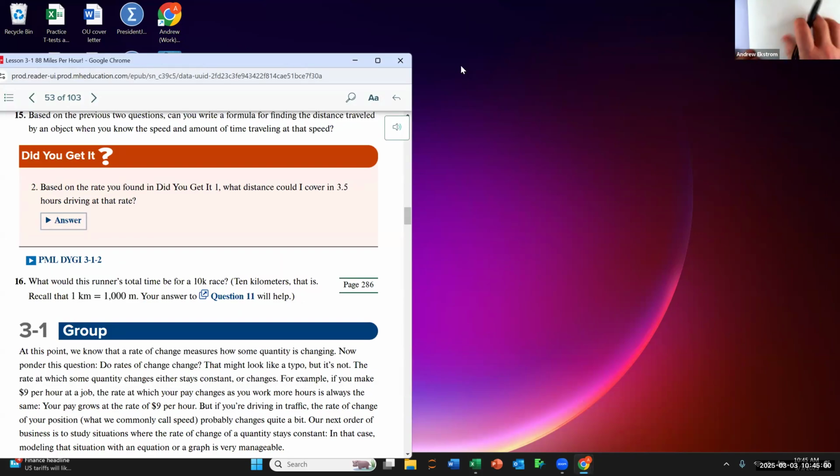So again, without trying to be too tricky or anything like that, we know they do 400 meters in 2 minutes. And what we need here is 10K. So this is going to be in basically X number of minutes.